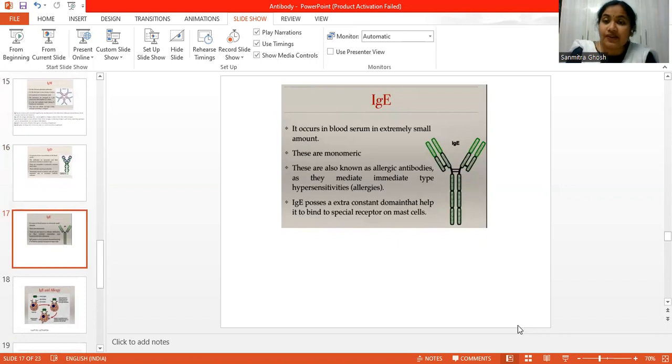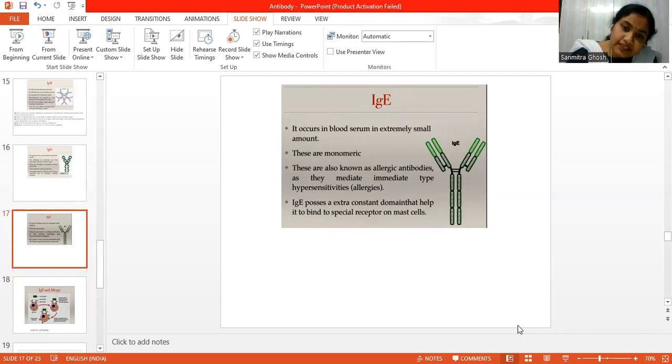Last but not the least, we have the IgE, and this IgE is present in extremely small amount, and in some individuals it is not present at all. So it is present in the blood serum either scantily or completely absent, and it varies from one person to another.